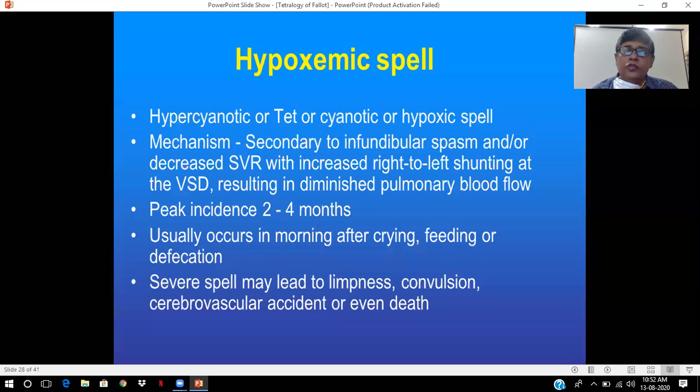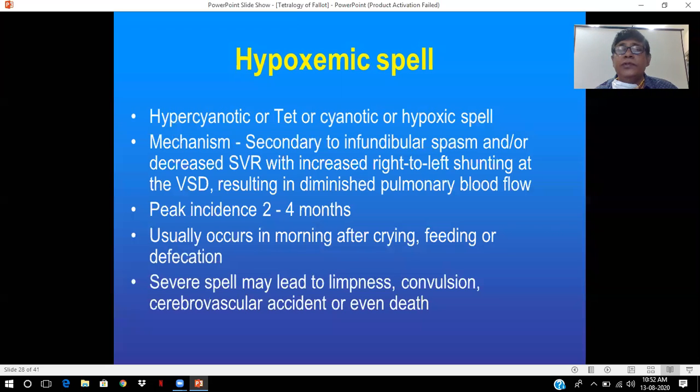The peak incidence is 2 to 4 months, but it can happen at any age. It usually occurs in the morning, after waking up from sleep, after crying, feeding, or defecation. A severe spell may lead to limpness, convulsion, cerebrovascular accident, and even death.